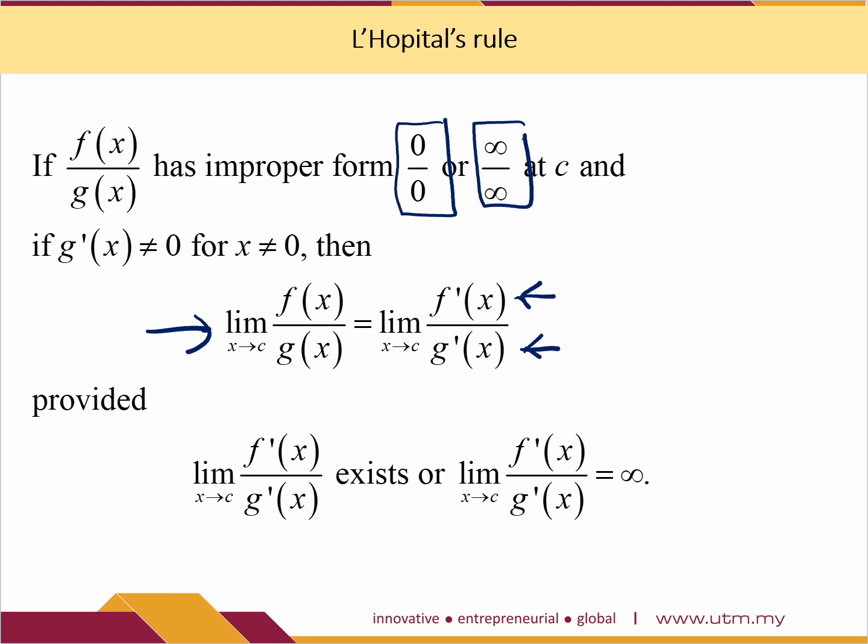Meaning that for L'Hopital's rule, if you find the improper form, 0 over 0 or infinity over infinity, what we can do is find the derivative of the numerator and also the derivative of the denominator.